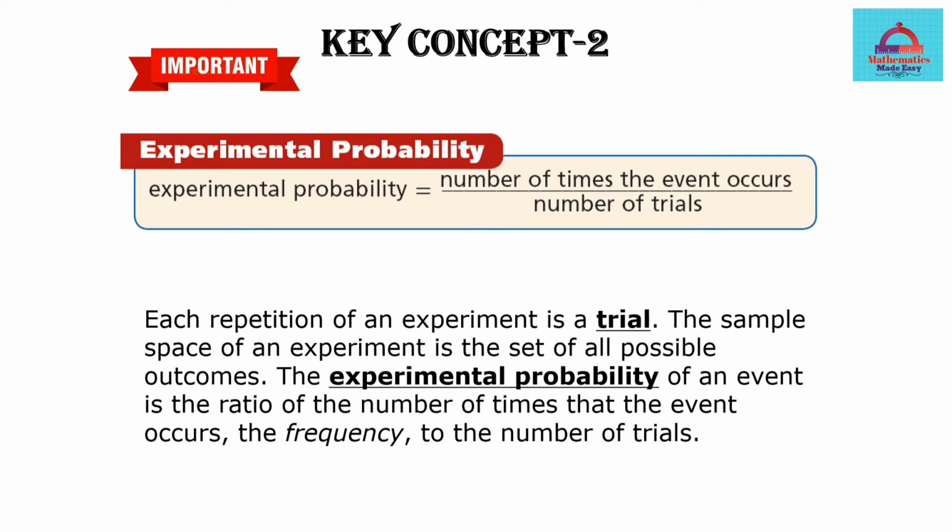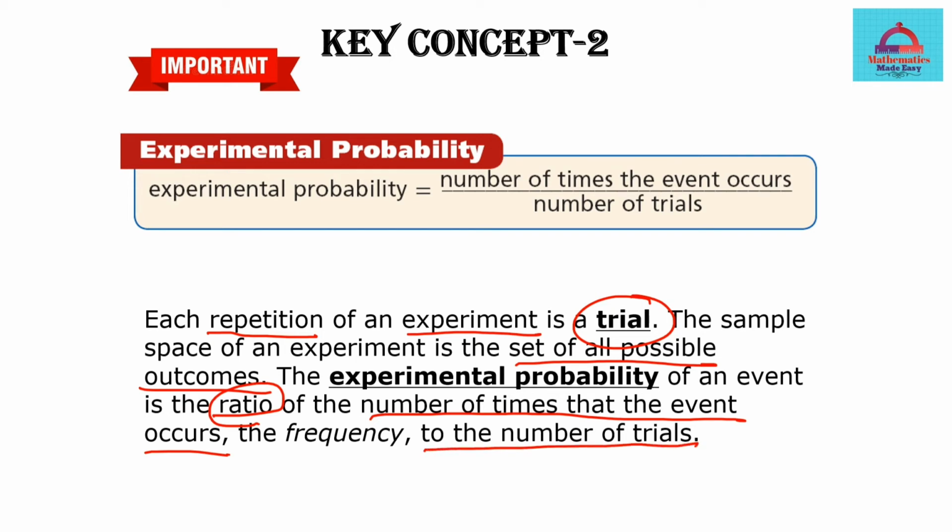I will just remind you quickly of the keywords here. The repetition of the experiment that you're doing is a trial, and the sample space of the experiment is the set of all possible outcomes that will come during that experiment. So in a way, experimental probability is nothing but the ratio of the number of times that the event occurs, that is the frequency of that event, to the total number of trials conducted.